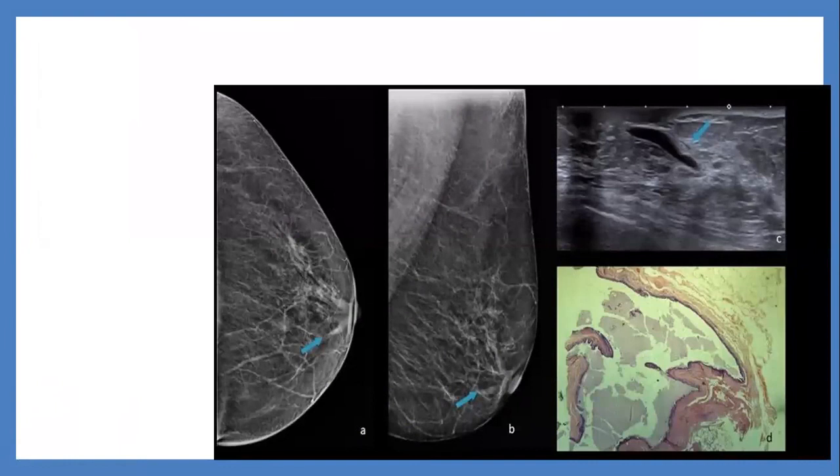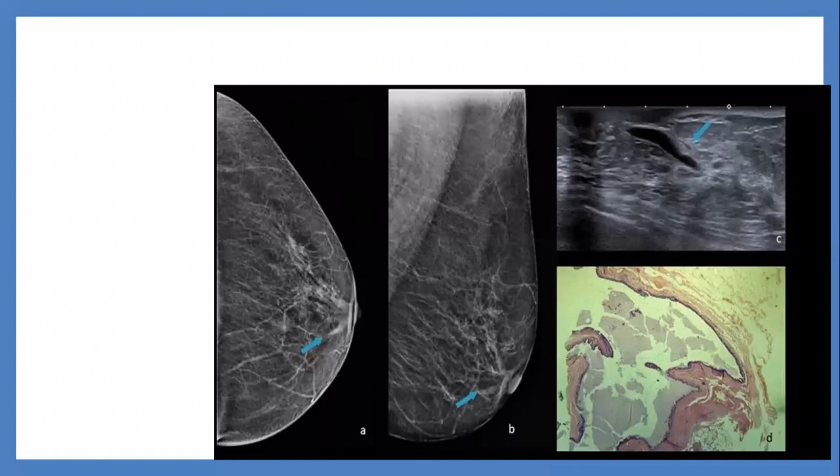And what about this one? What is your impression here? Benign. Medina? So this is a solitary dilated duct. Yes, solitary short dilated duct. On ultrasound, it looks like clear fluid, no soft tissue mass. Excellent.